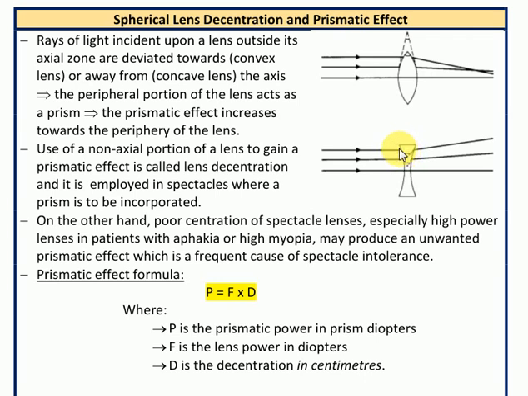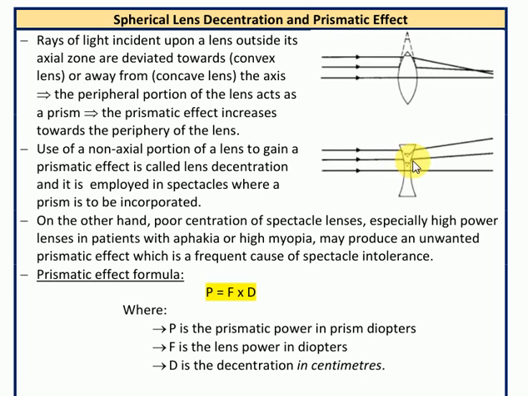So use of this non-axial portion of the lens to gain a prismatic effect is called lens decentration, and this is employed in spectacles where a prism is to be incorporated. On the other hand, when there is poor centration of spectacle, especially in high power lens, in patients with aphakia or high myopia, there will be unwanted prismatic effect and it will cause spectacle intolerance.